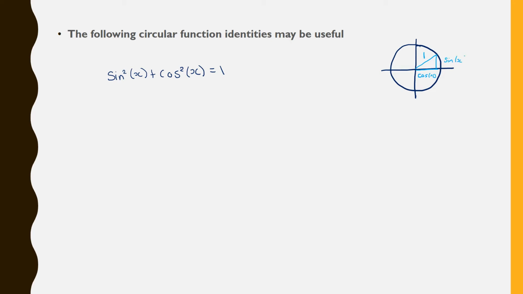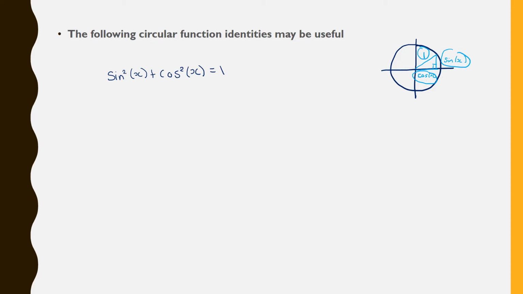By Pythagoras, if we've got a right angle here, we square the two shorter sides, sine squared x plus cos squared x equals the square of the hypotenuse, 1 squared, which is 1. This is where this identity comes from.